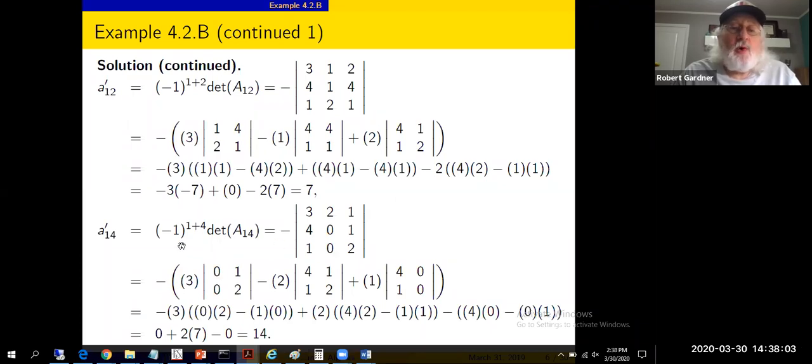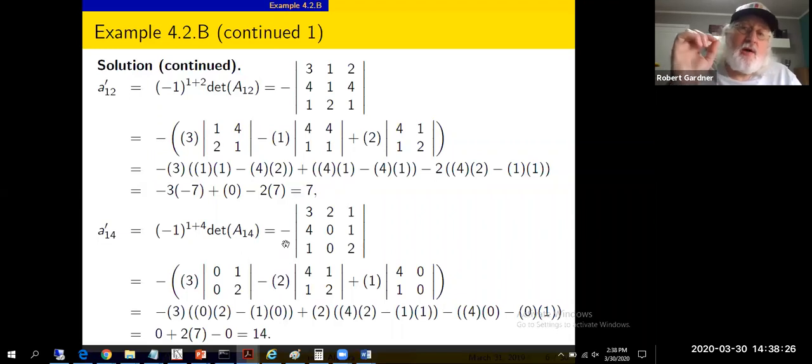We've got -1 to the 1 plus 4, which is 5. Is that 2 consecutive negatives? It was supposed to change sign, plus minus, plus minus. Well, it did. We just didn't look at the A13 prime. So sure enough, these powers of -1 have gone positive, negative, positive for A13 prime, but we didn't have to compute it, so we skipped it to negative.